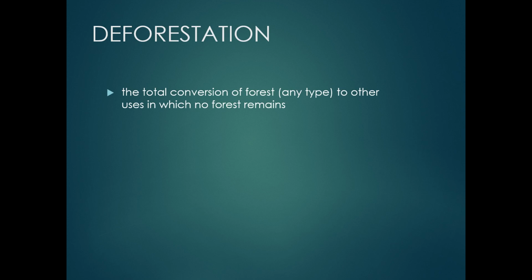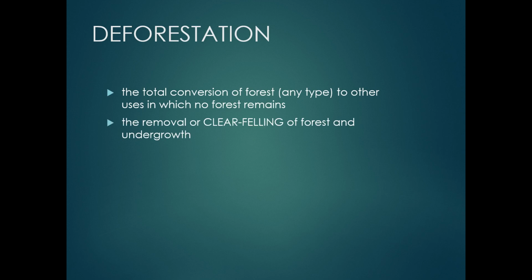The concept of deforestation is basically the total conversion of forest, and this refers to any type of forest, be it rainforest or coniferous forest or deciduous forest. The total conversion of forest to other human uses, in which no forest remains. So what we're talking about here is total clearance of the land.